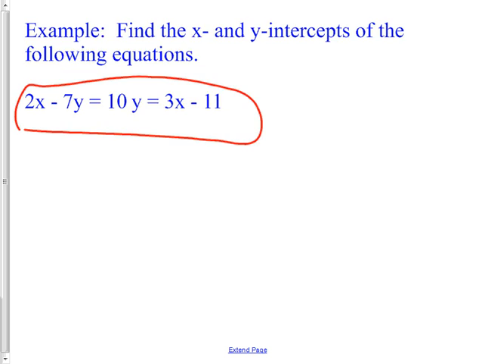Let's go back and do one like it, though. What's the y-intercept on that? And don't say 7, unless you have a good reason. As soon as I say y-intercept, what should you say to yourself?